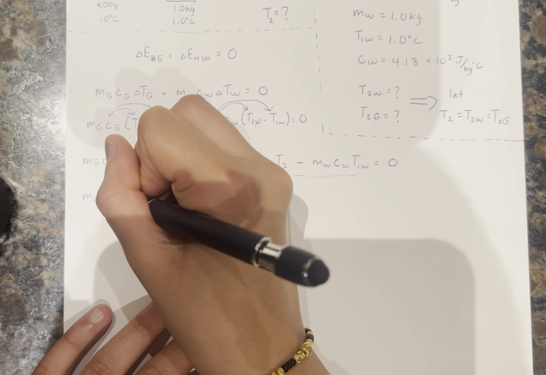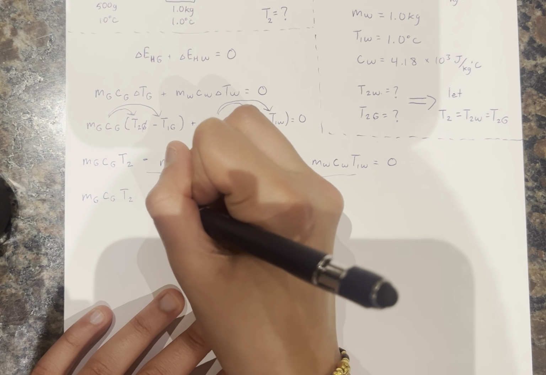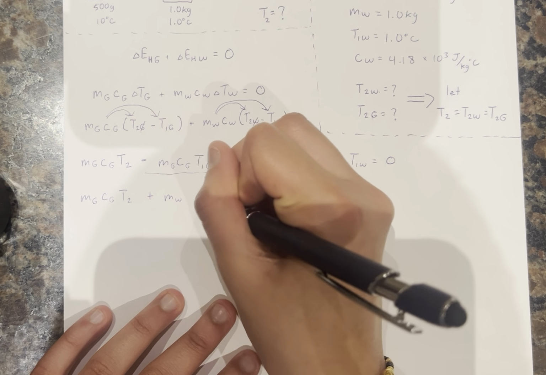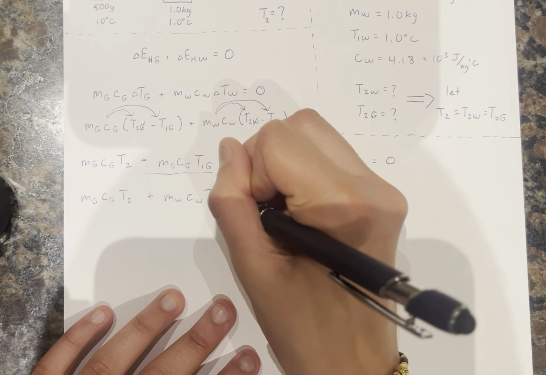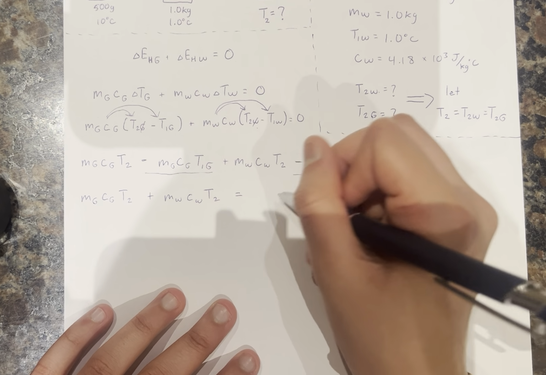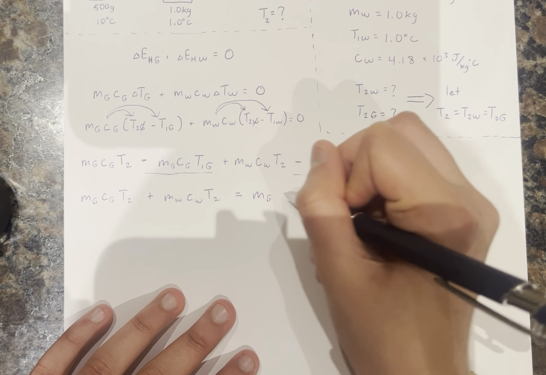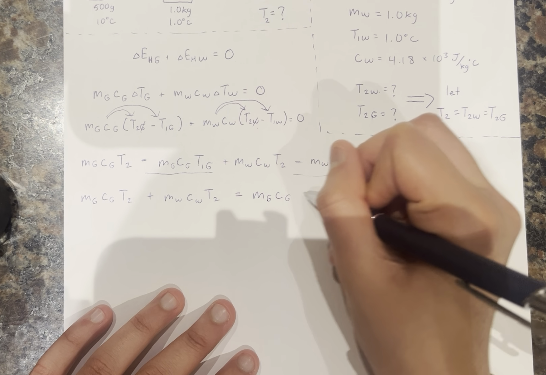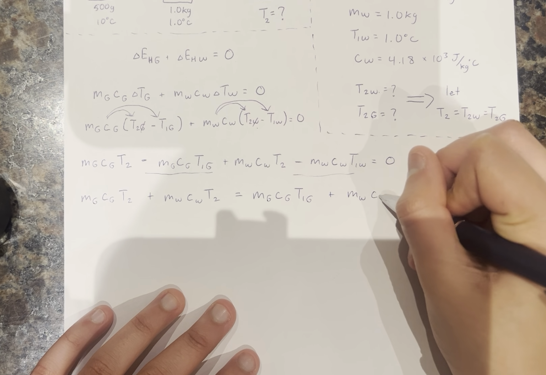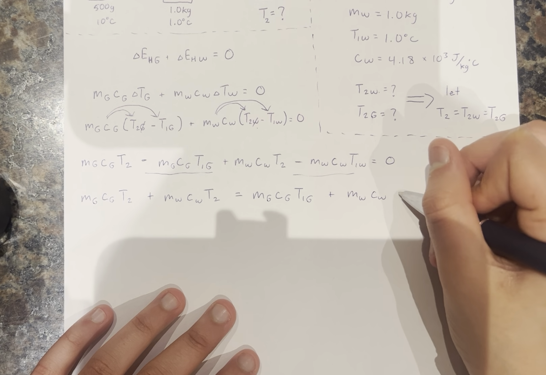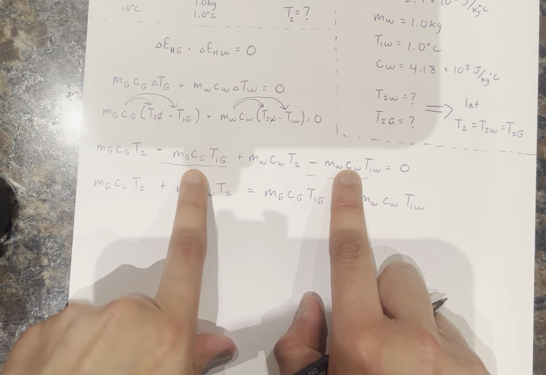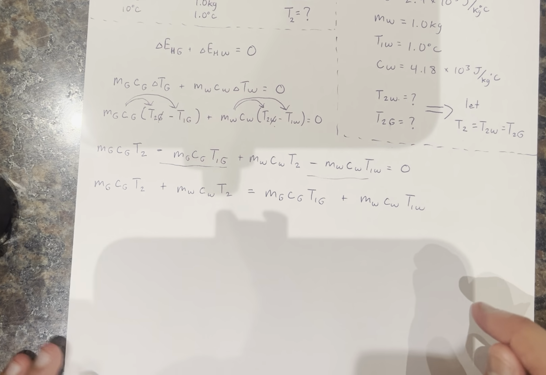So mass of glycerin, heat capacity of glycerin, T2 plus, because this is positive, mass of water, heat capacity of water, and then T2. And then we say equals, because now we move these over, mass of glycerin times heat capacity of glycerin, T1 G plus MWCW T1W. And then both of these became positive because they're both negative here. When you move them over, they become positive.